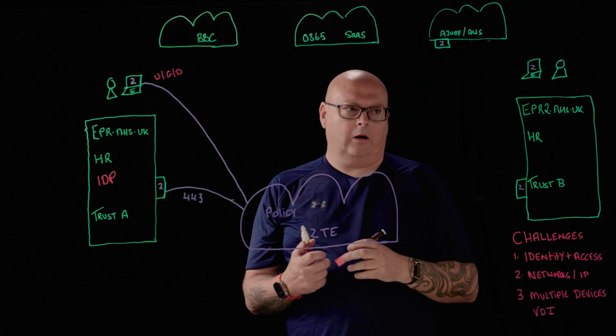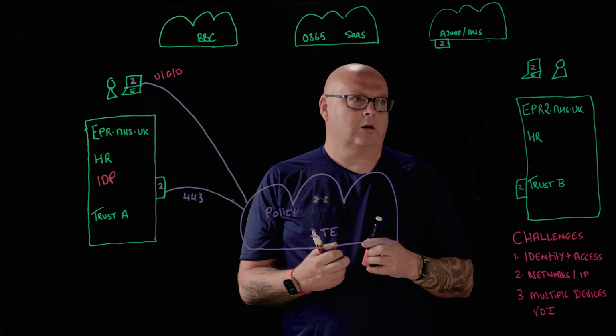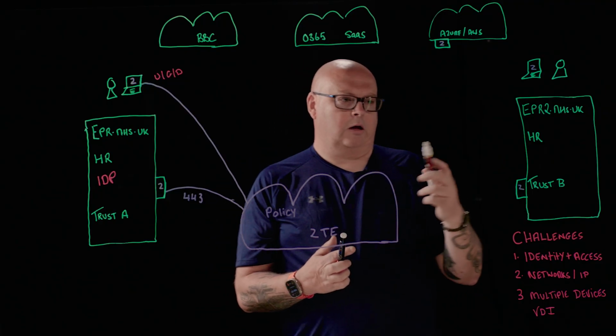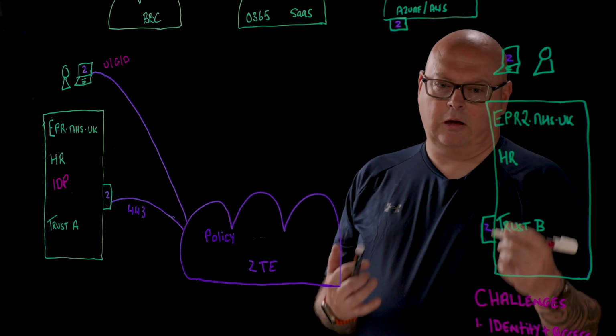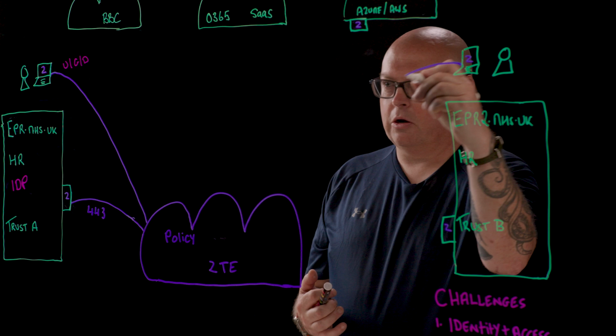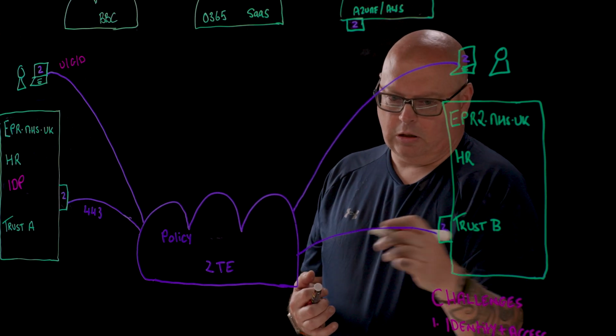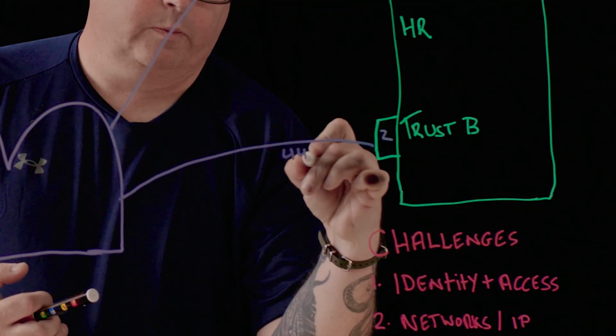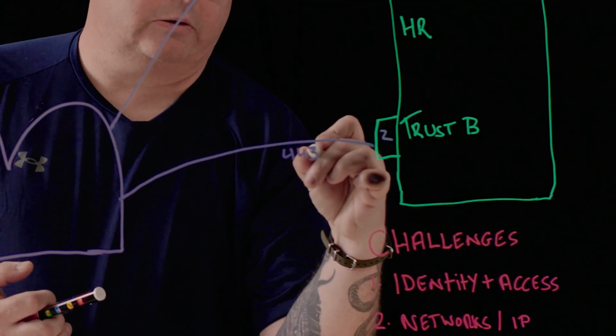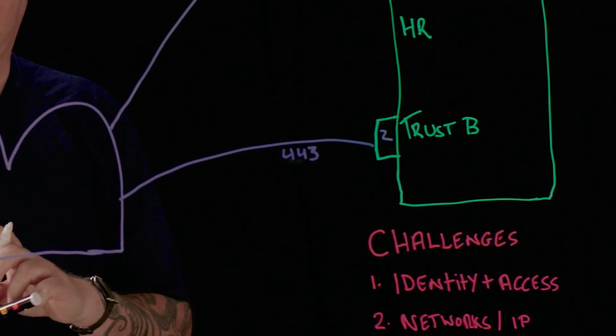Okay, now this is where it gets fun. So for Trust B, again, we've deployed client connector and those app connectors, and they're going to create that tunnel to Zscaler. Again, an outbound only from the app connector in the data center on 443.